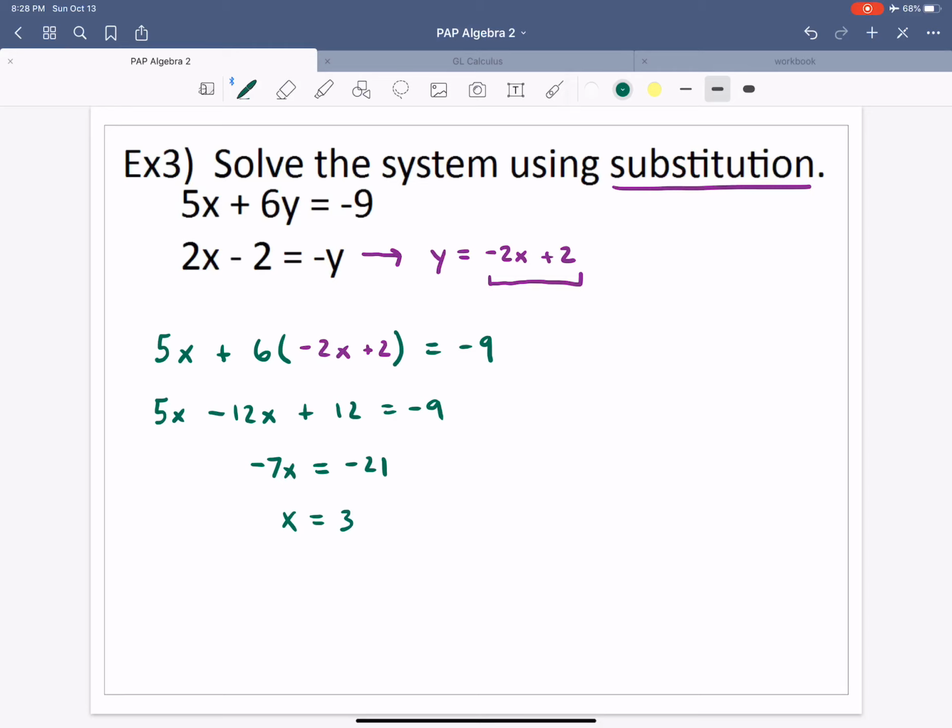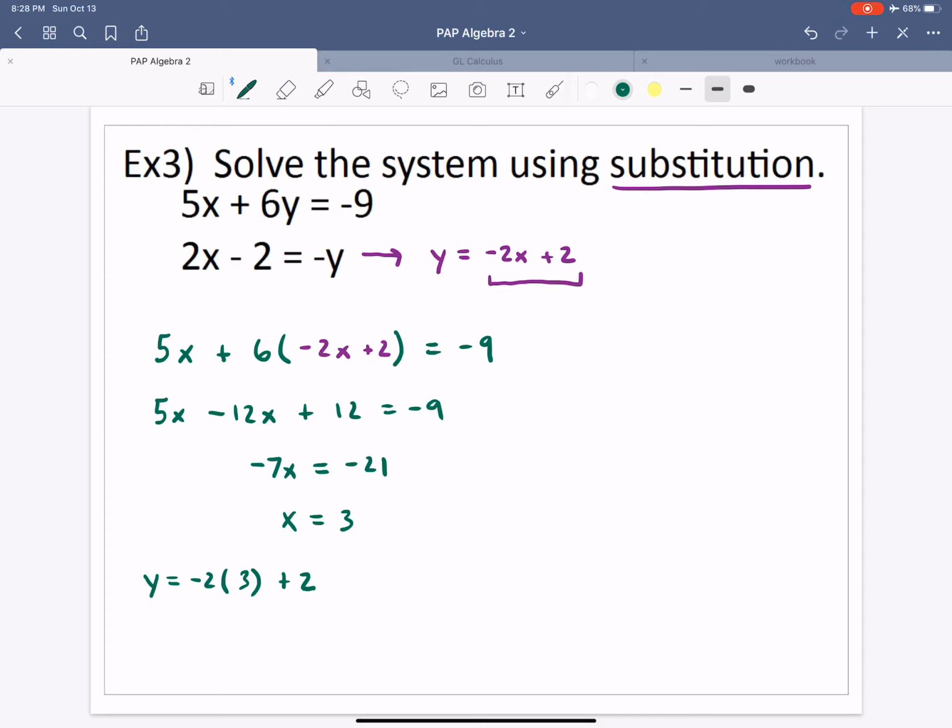Now, what I see a lot of times is people do this awesome work with substitution, and they get the x value or y value, whatever they solve for first, and they stop. But remember, when we're solving systems of equations, we need to find an x value and a y value. We're looking for the intersection point. So now you take that equation that you already isolated for y, and you replace your x value in that equation.